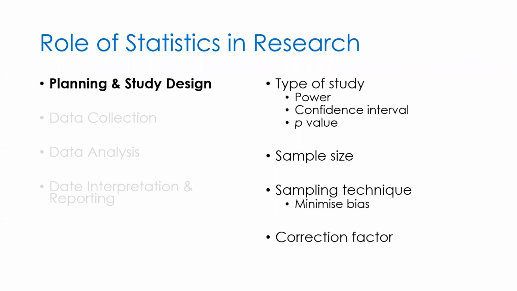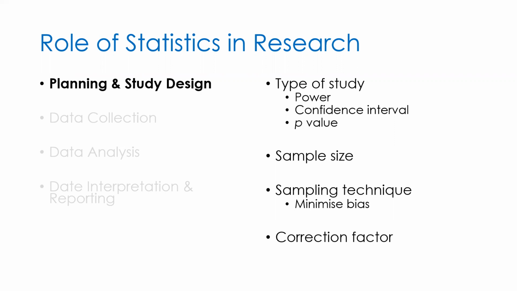If you are going to use a p-value of 0.01, then you need a power of more than 90. This is where the statistician will help you. And once you have the right power, you will then be able to calculate a sample size. All this, you need the help of a statistician.